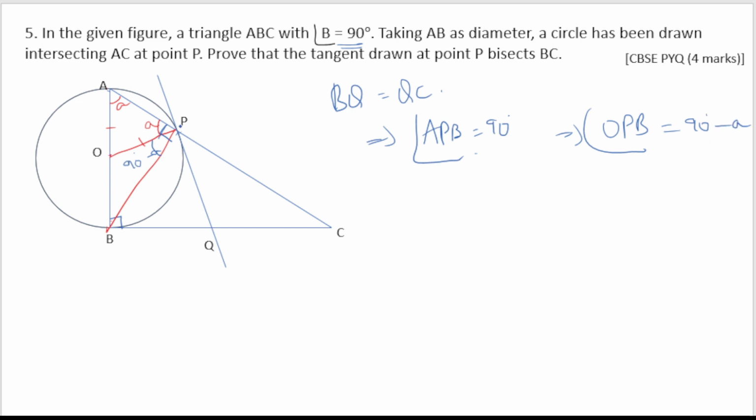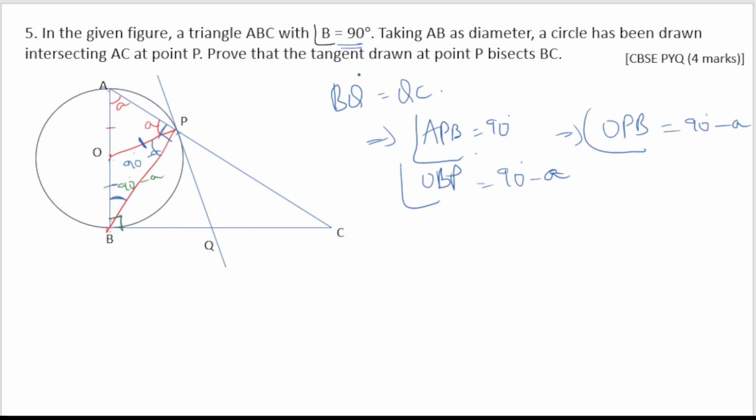And again, if you see in the triangle OPB, OP is equal to OB. Both are radius. So the angles opposite to these equal sides are equal. So the angle OBP will also be 90 degrees minus A. And angle OBQ is 90 degrees because OB is radius and BC is tangent.